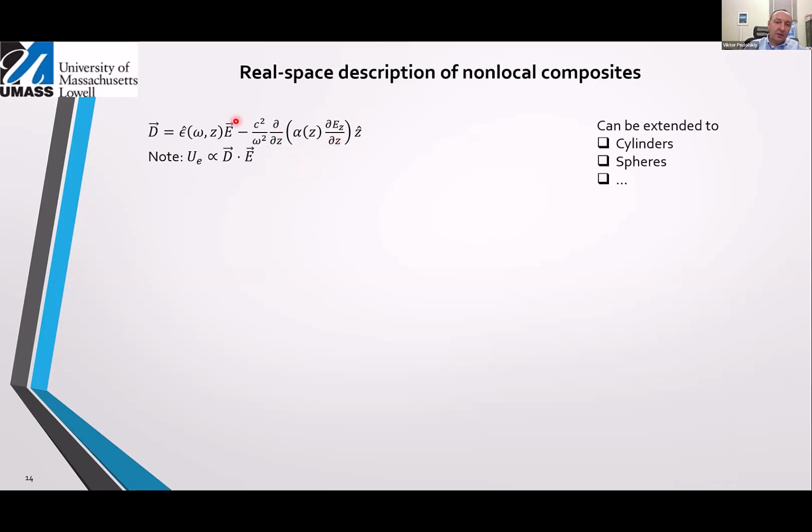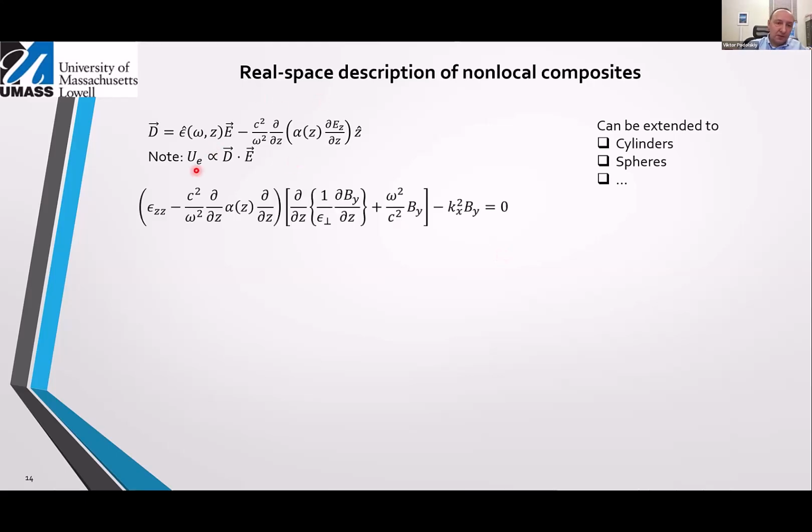And the form of this equation is basically dictated by the fact that D dot E should be the energy of the system, and energy should be a self-adjoint operator. What I'm going to be showing you is a composite that is a multi-layered structure. It's easier to describe, and I think it catches most of the new physics that we discovered. This formalism can, in principle, be extended to cylinders, spheres, and other composites, but these are not results that I'm going to show you.